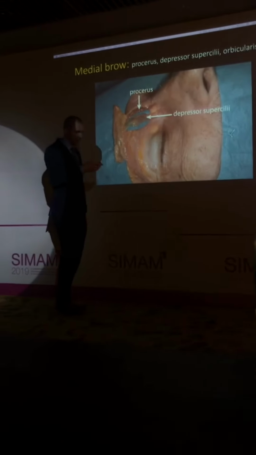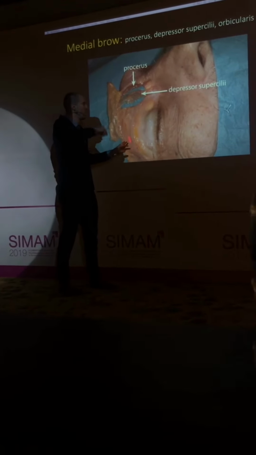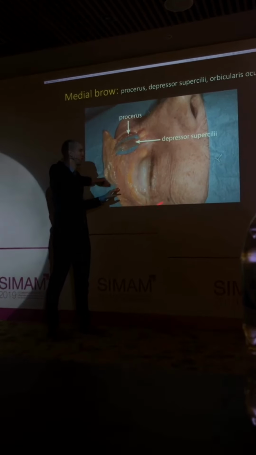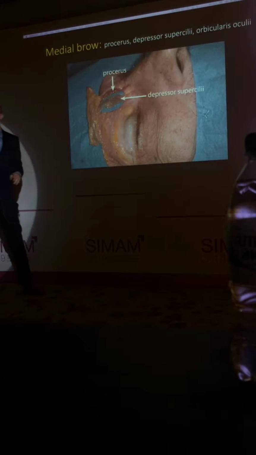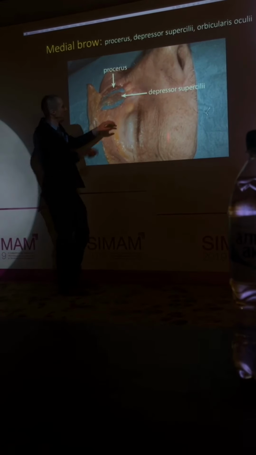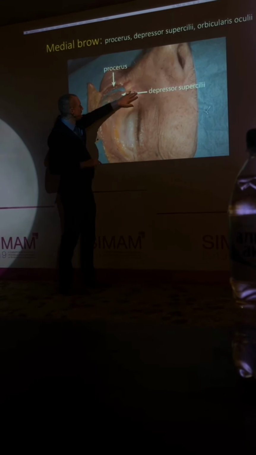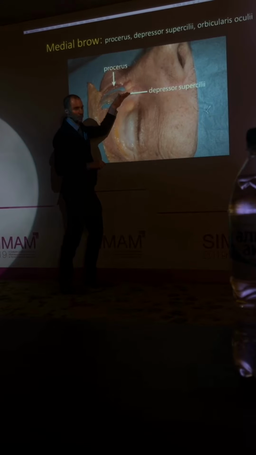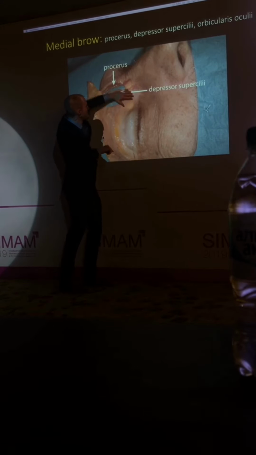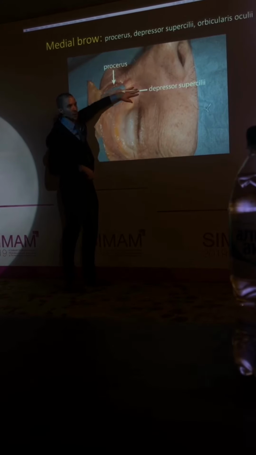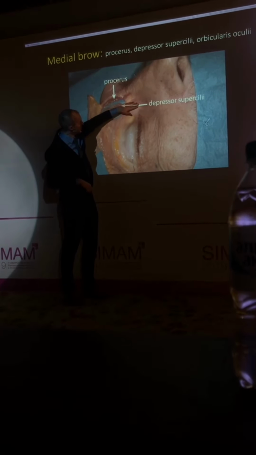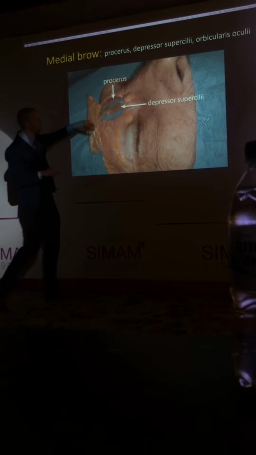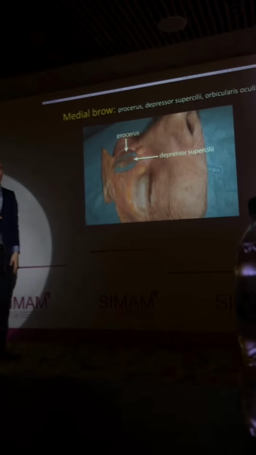What happens is that the orbicularis oculi is usually circular, along its external fibers, but sometimes not all of the fibers follow the circle; some of them go cranially. Like, for example, these fibers.